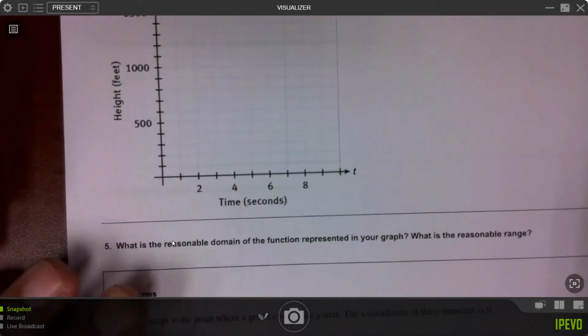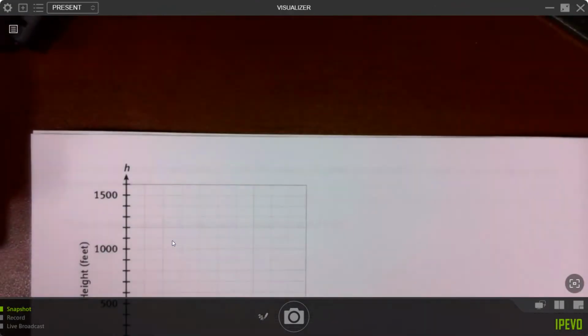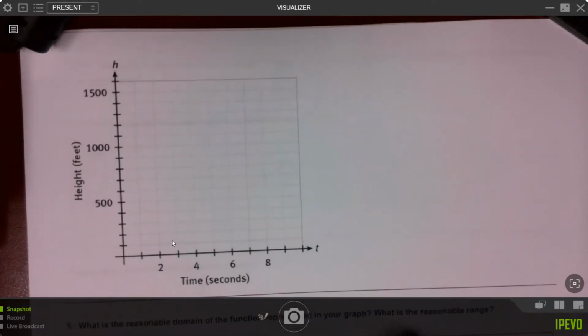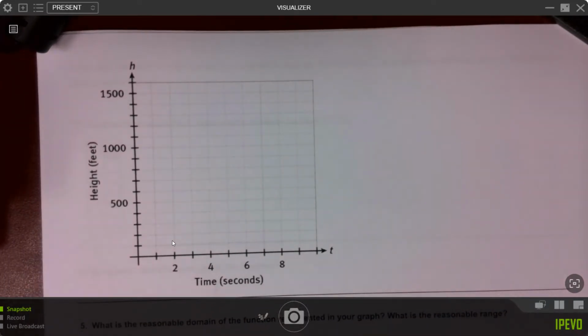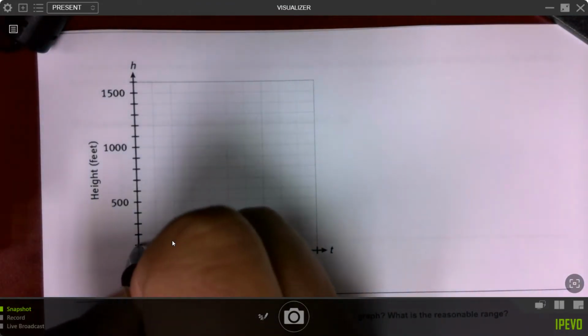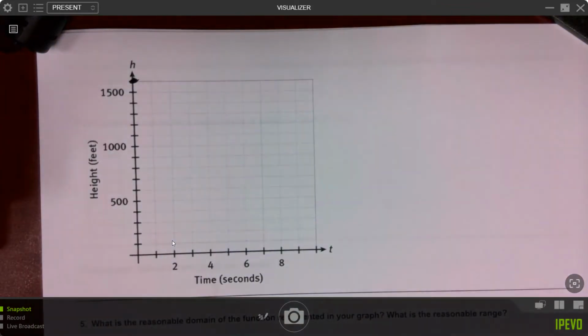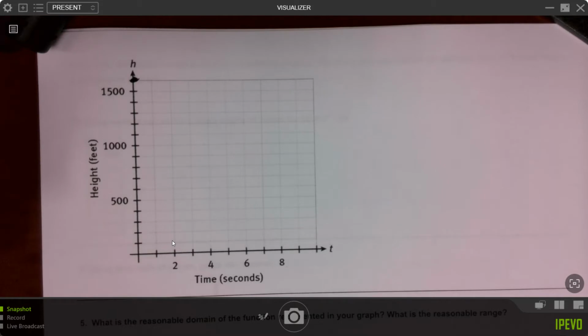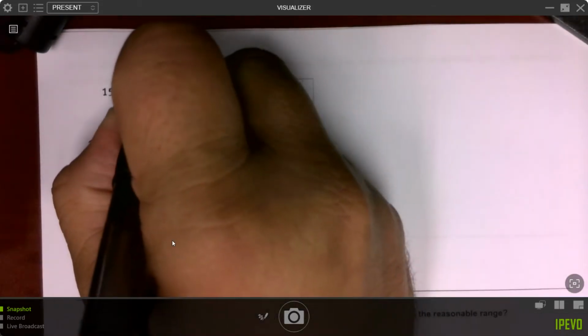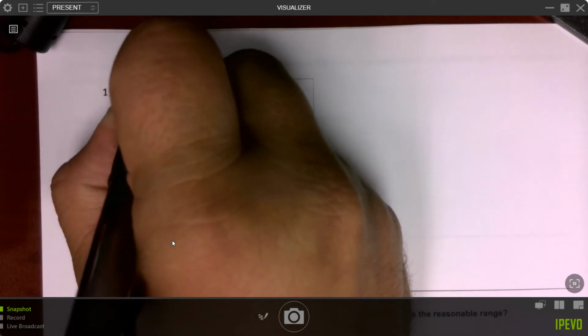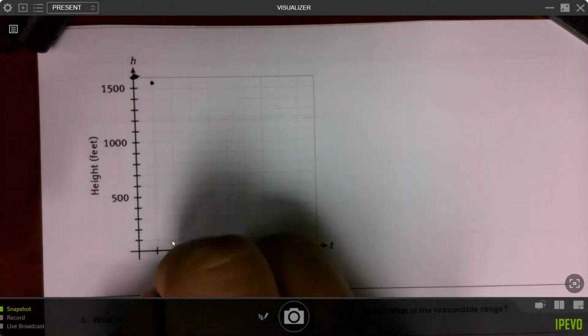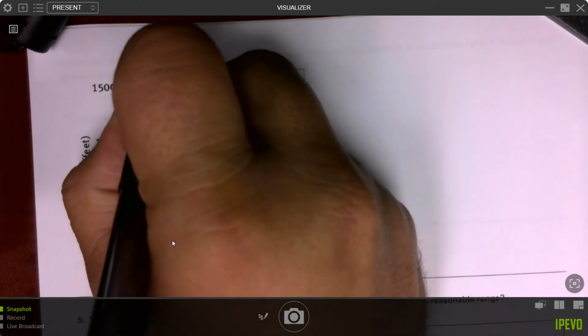Now, using the table, this I didn't do. Let's go through and graph this out together. I have 0 and 1,600. It looks like it's going up by hundreds: 1, 2, 3, 4, 5. Yes. So at 0 seconds, it's at 1,600 feet. At 1 second, it's at 1,584. You're estimating here. At 2 seconds, it's at 1,536.